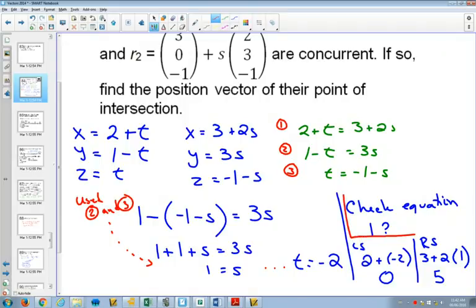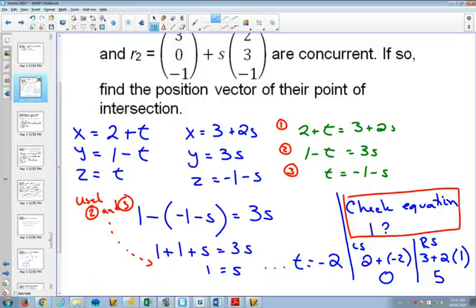What we have to do, and this is something that's different for 3 dimensions, because in 2 dimensions, once you get your 2 answers, you're done, because there's only 2 coordinates to find. But in 3 dimensions, you have to check if those values of s equals 1 and t equals -2 also work for that other equation.